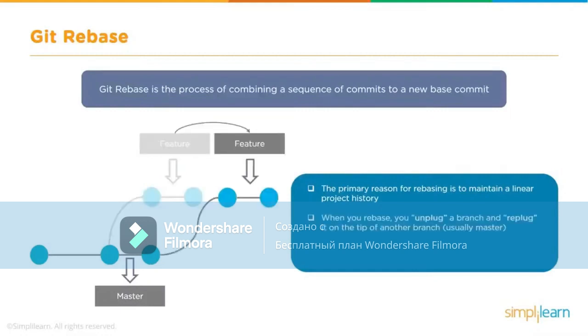When you rebase, you unplug a branch and replug it on the tip of another branch. Usually you do that on the master branch, and that will then become the new master branch. The goal of rebasing is to take all the commits from a feature branch and put them together in a single master branch. And it makes the project itself much easier to manage.